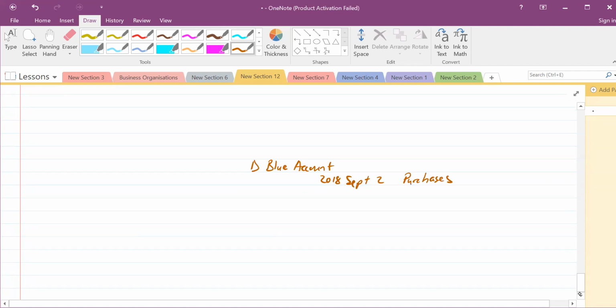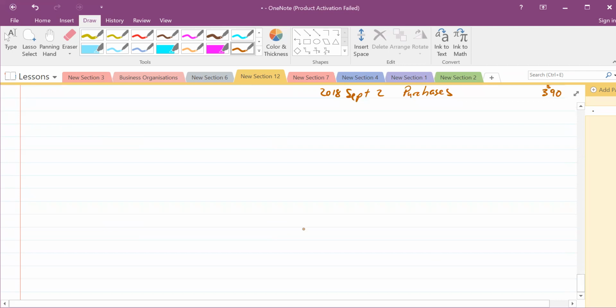And then we open another account for F Rise, which is a personal account of a creditor found in the purchases ledger. We write on the credit side 2018 September 2, completing the double entry and following the golden rules that state that when creditors are increasing, they are credited, 510.